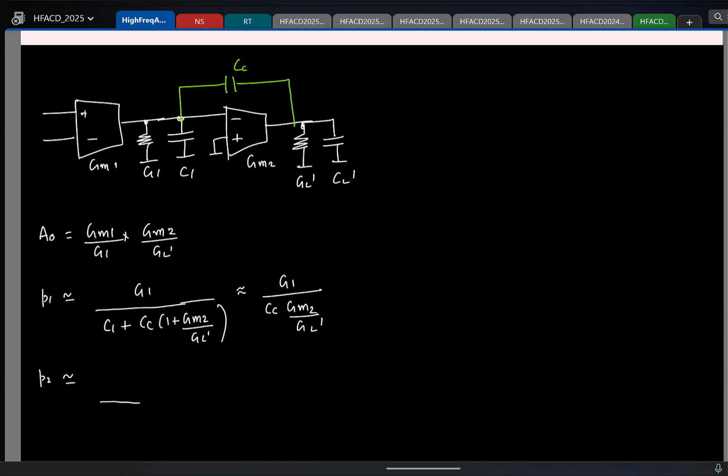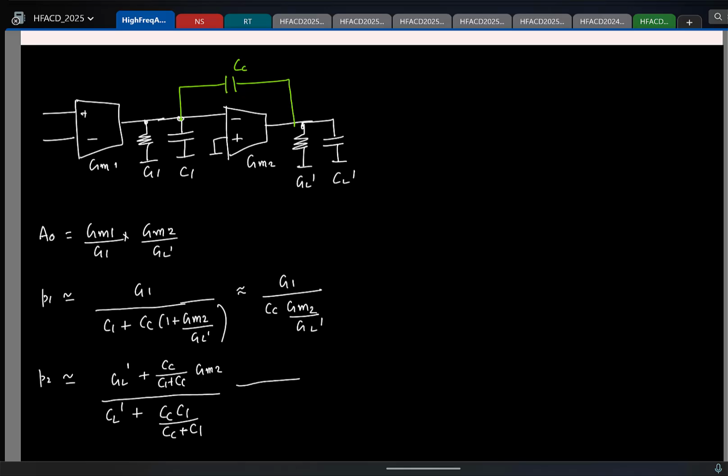And what is the high frequency pole? Again, first let's start with capacitance. What is the total capacitance at the output? CL prime plus CC into C1 by CC plus C1. And what is the conductance? I have GL prime and a portion of GM2, and that fraction is CC by C1 plus CC times GM2.